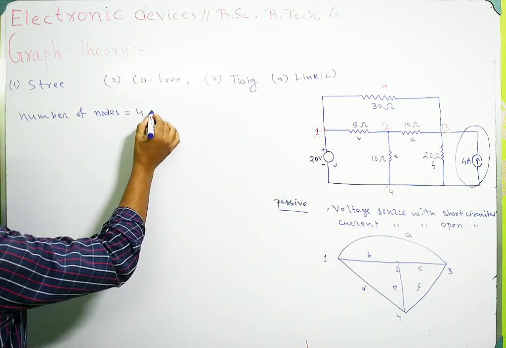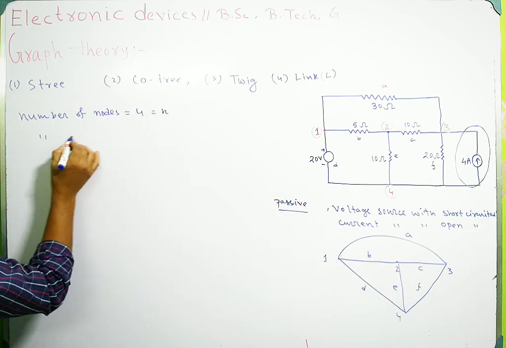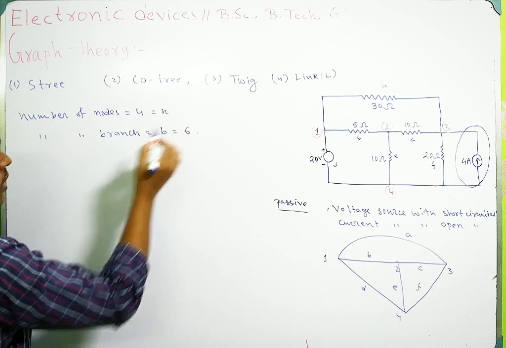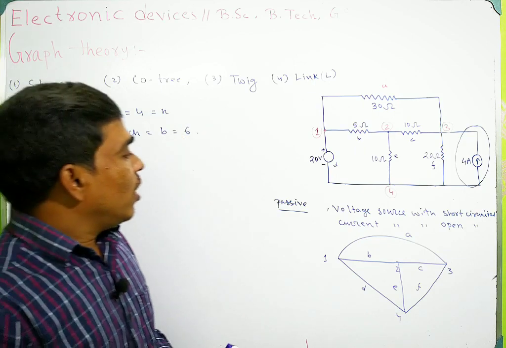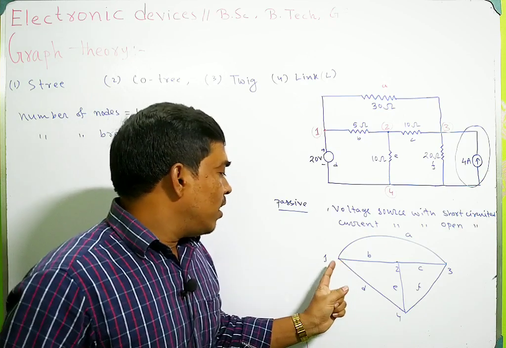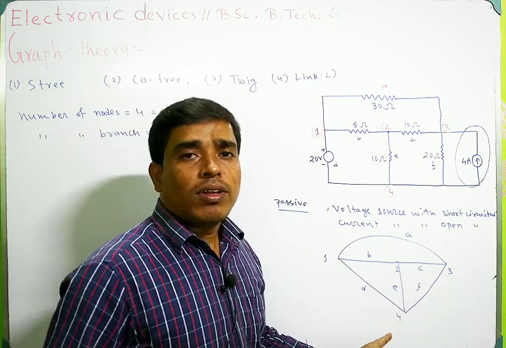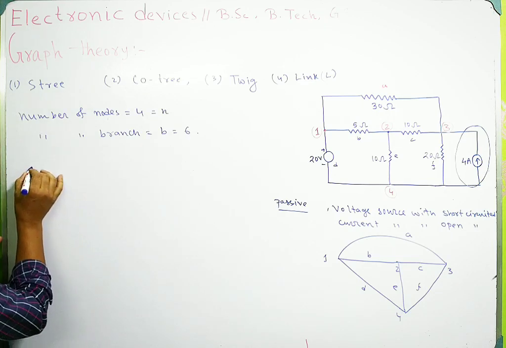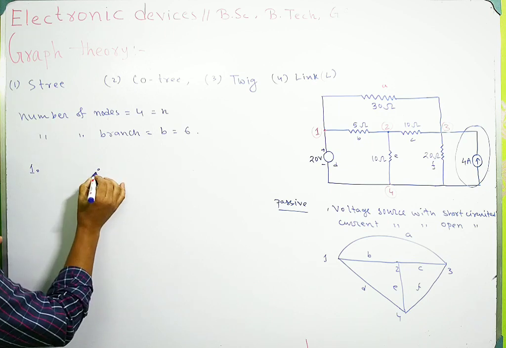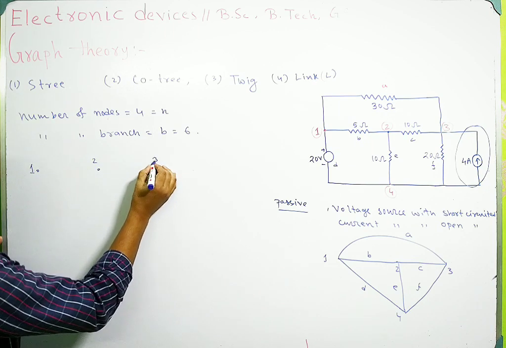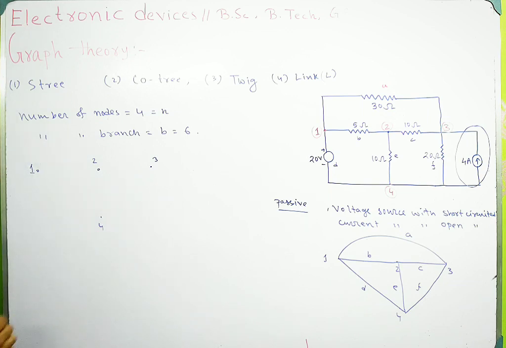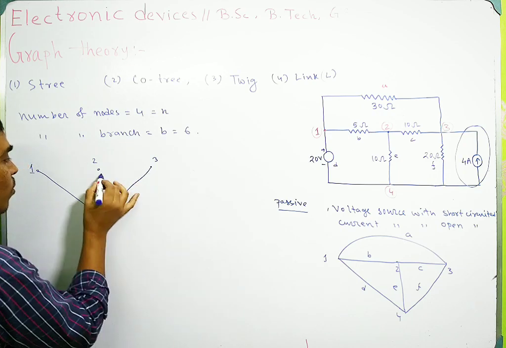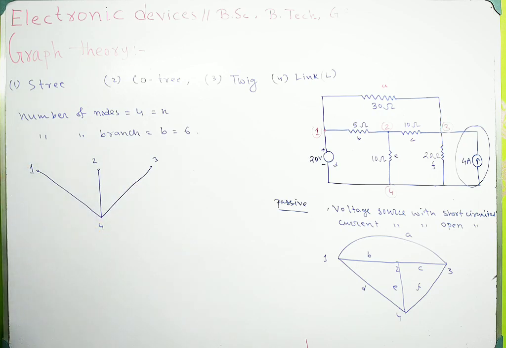So number of branches b is equal to 6. We have to connect the 4 nodes. So this graph can be written as, this is node 1, this is node 2, node 3, node 4. So you can connect these 4 nodes in this way.